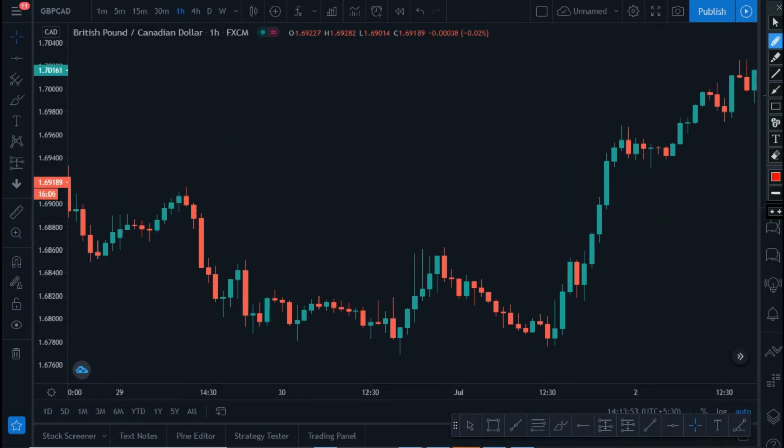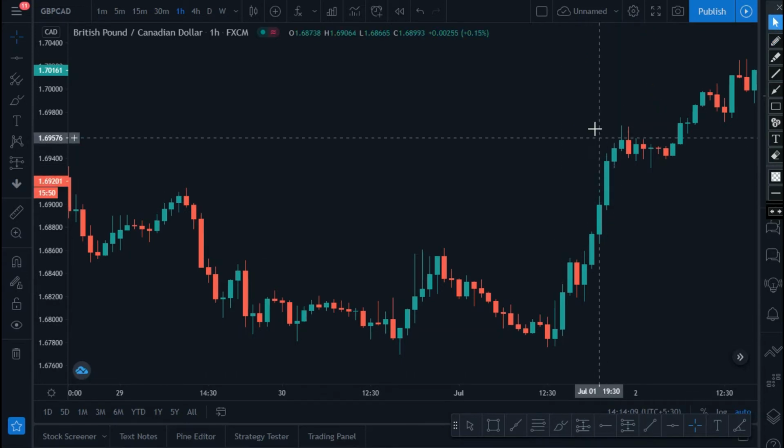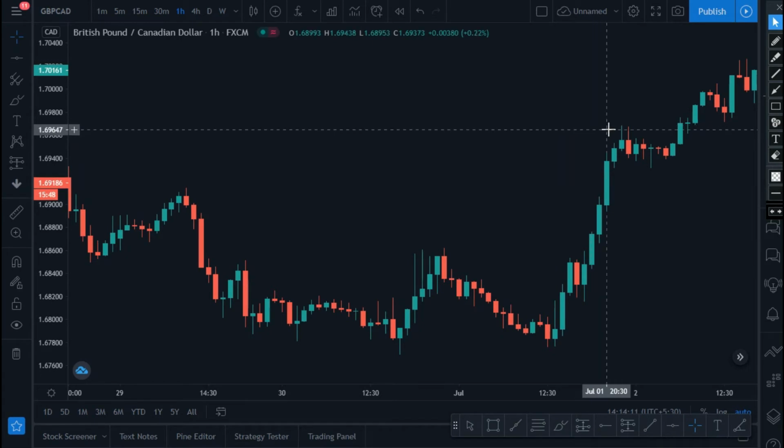So I will find a suitable area where I could place a buy or sell order. Like this, you have seen this area, it is also a resistance, and this resistance has been broken out. I'm going to mark this area.